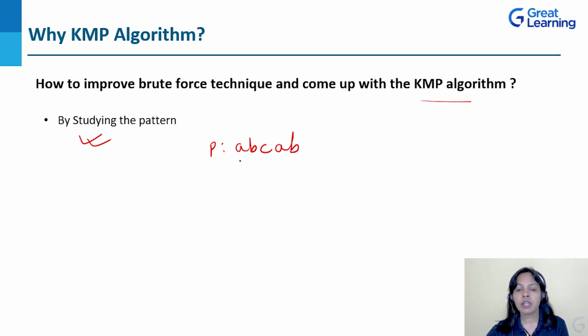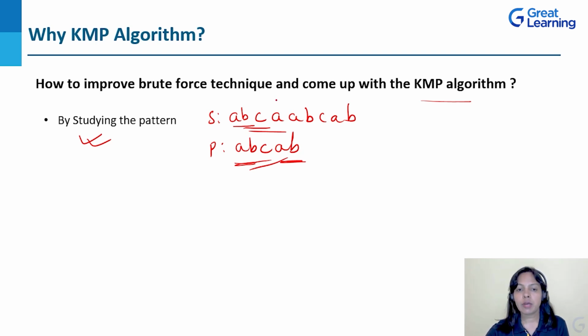For example, if we analyze this pattern, the starting two characters A, B are similar to the last two characters. If somewhere in the given string the characters appear this way, A, B, C, A, B, then the first two characters will match, the first three, the first four. Now the fifth character is not matching.